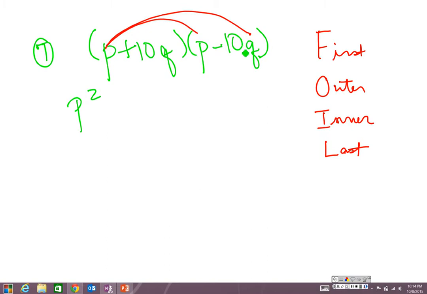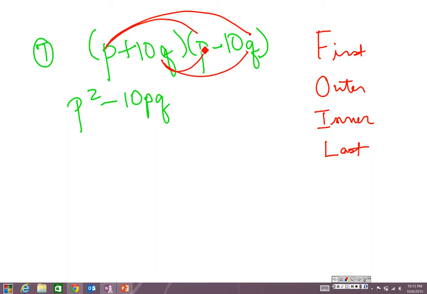P times a negative 10Q is negative 10QP or PQ. Whatever you decide, it's still the same, okay? PQ. Then we're going to multiply 10Q times everything in the parentheses.